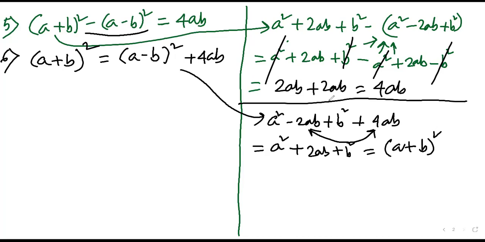Whenever you are given the value of a minus b and the product of ab, and you have to find a plus b whole square or a plus b, then you can use this formula. Whenever you are just learning a formula, don't think about the point of application of this formula or the objective of learning it.